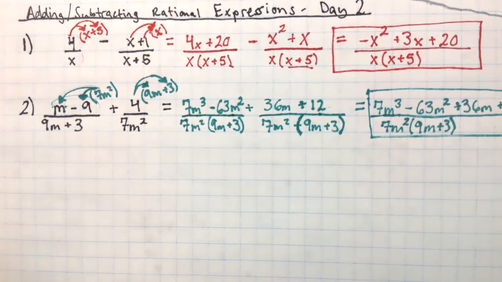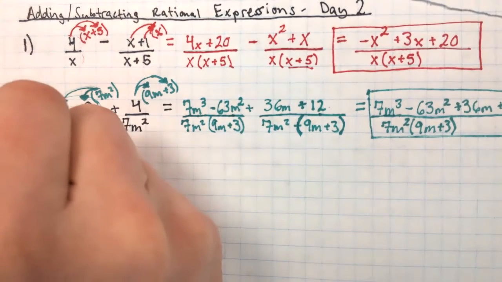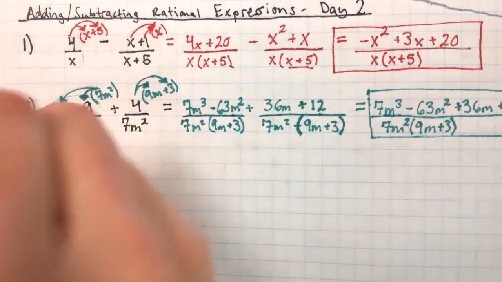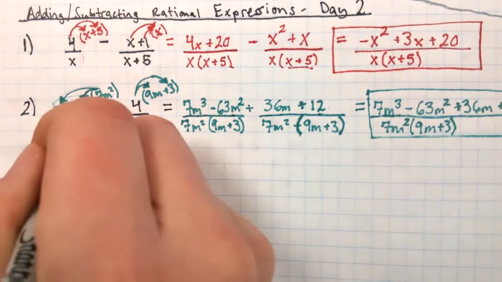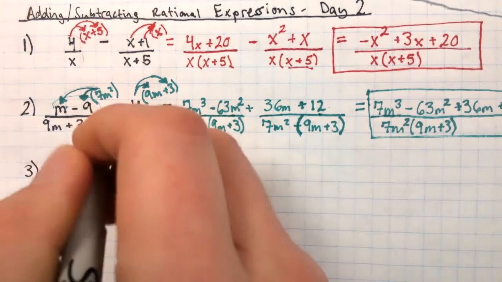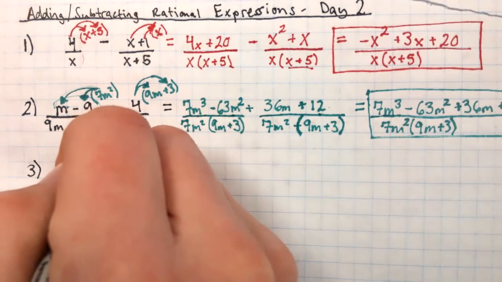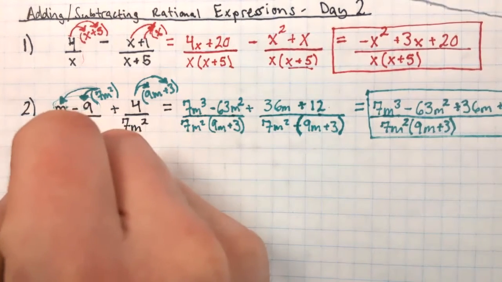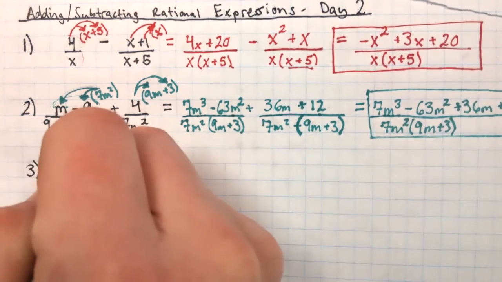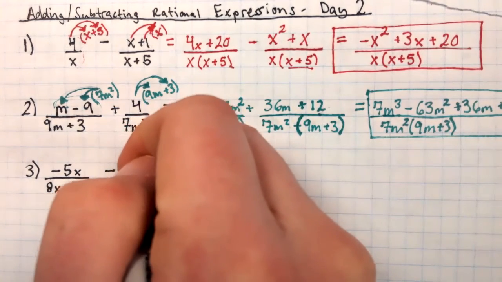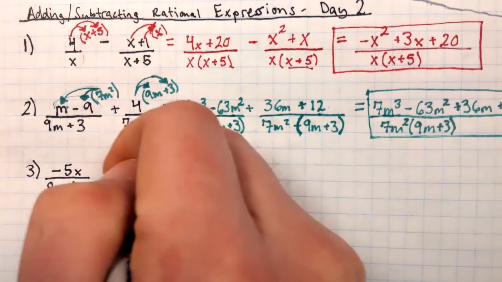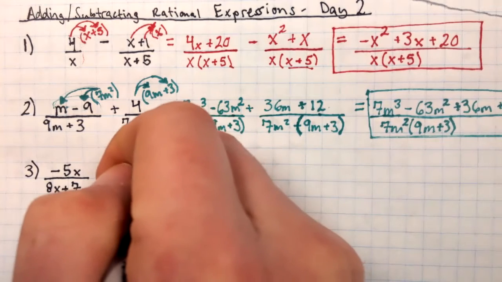Hey, I'm going to give you another problem. Number 3. Negative 5x divided by 8x plus 7. Let's subtract 6x cubed divided by 3x plus 1.